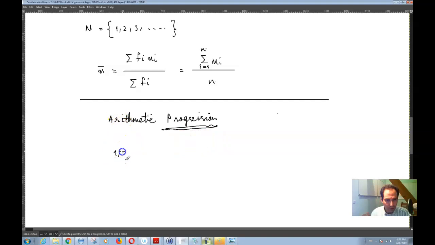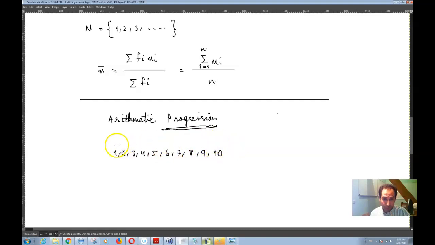So, for example, you have 1, 2, 3, 4, 5, 6, 7, 8, 9, and 10, right? So you want to find the sum of these numbers. Of course you could add all of these numbers together: 1 plus 2 is equal to 3, 3 plus 3 is equal to 6, 6 plus 4 is equal to 10, 10 plus 5 is equal to 15, 15 plus 6, and so on and so forth.